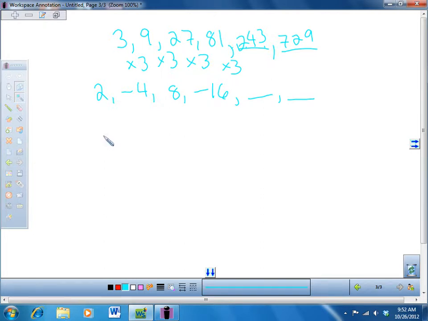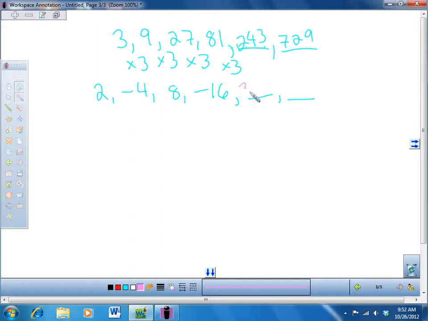Go ahead. It's the number times its negative self. Almost. Negative 2. Good. And the times is negative 2. So what do you get? What's next? 32.